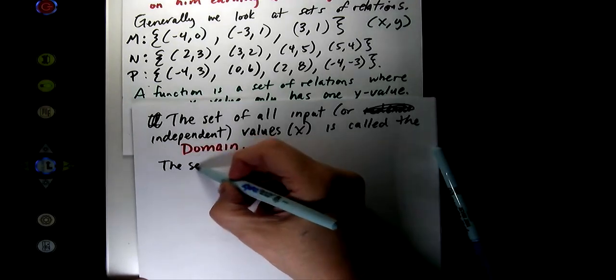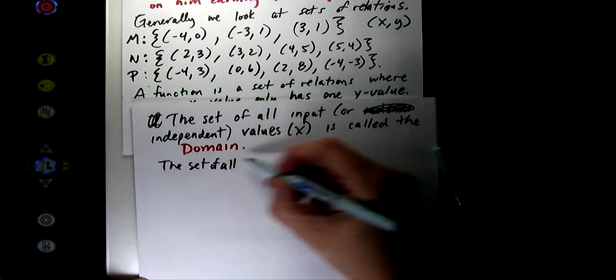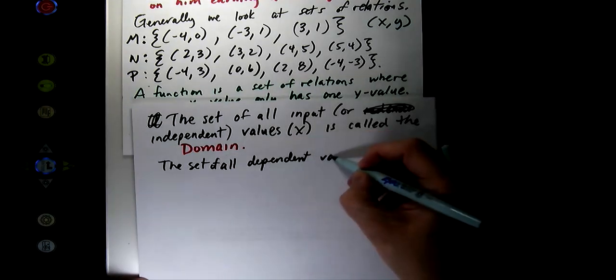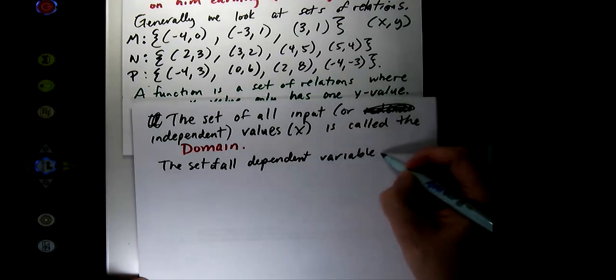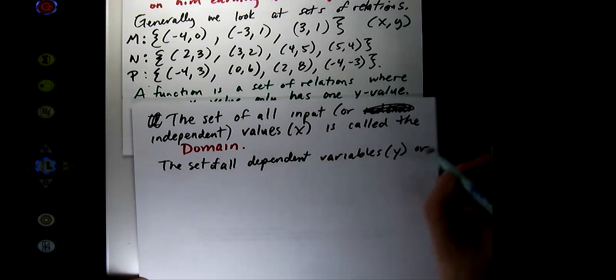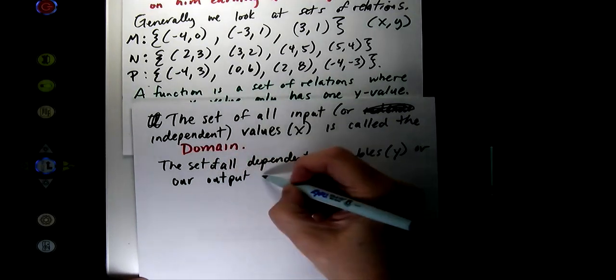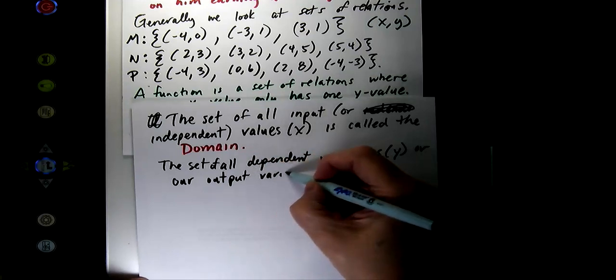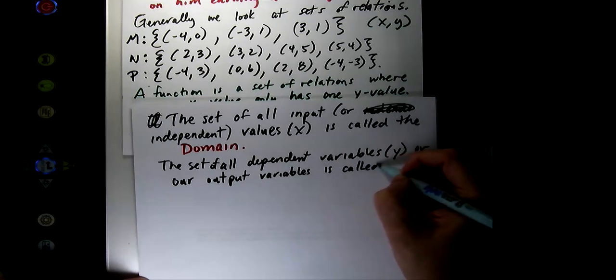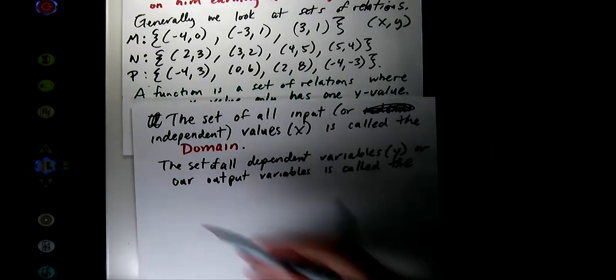The set of all dependent variables, our output variables, is called the range.